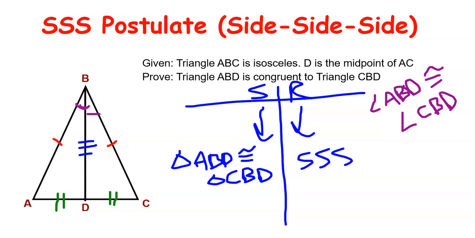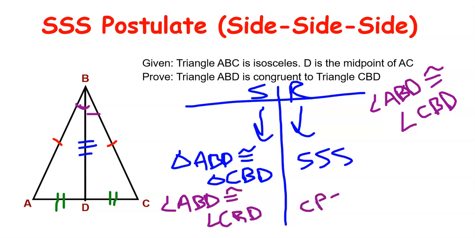So here now we can say angle ABD is congruent to angle CBD because of CPCTC. That is the reason that's going to go into our proofs. Well, just because we know that, BD cuts angle ABC into two equal subangles.